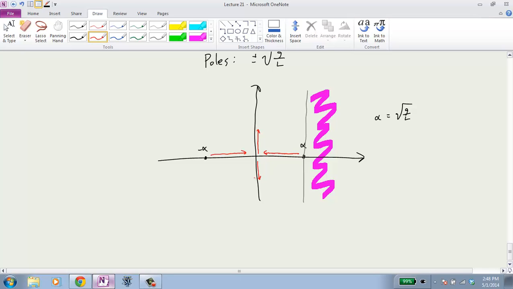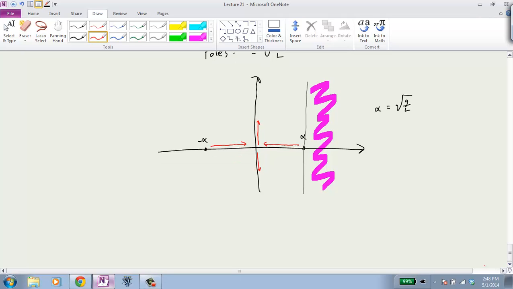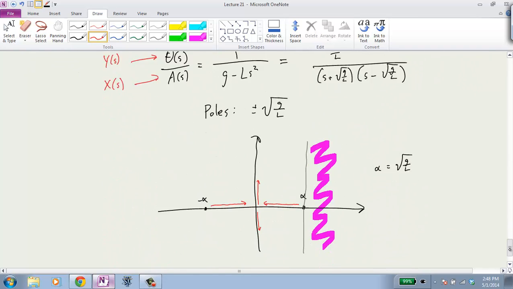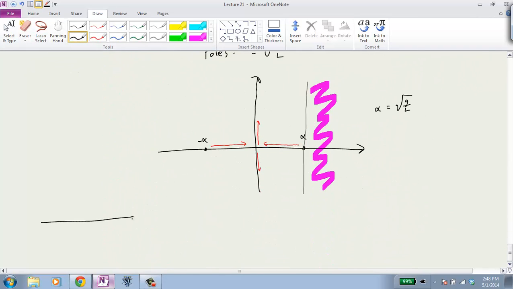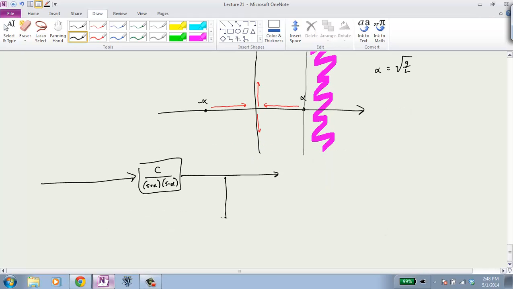Let's see what happens if we add a different kind of feedback as well. So we're now going to have the same thing we had before. This was our C over (S plus alpha)(S minus alpha). But now we have two feedback loops.